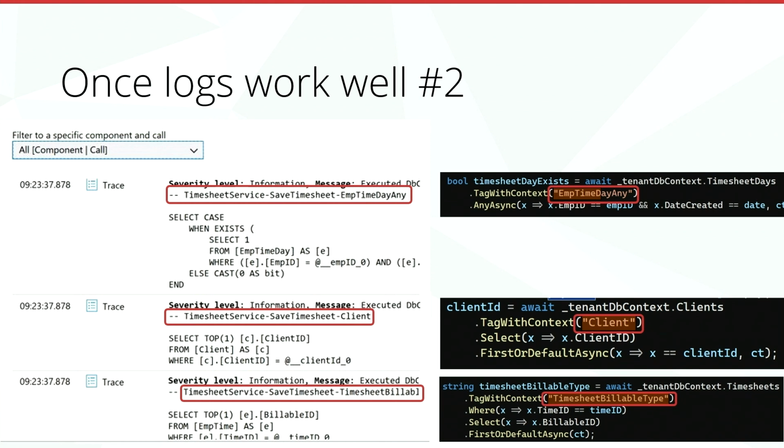And over there, the comment is the only thing you'll get. You won't be getting from where it's been called. You won't be getting the context around that query. You're just going to get that raw SQL, and that comment will point you exactly to the code where you ran it. So that's what happens when you configure your logs well and get some more telemetry from your SQL, and you'll be able to diagnose and fix your SQL queries much easier.